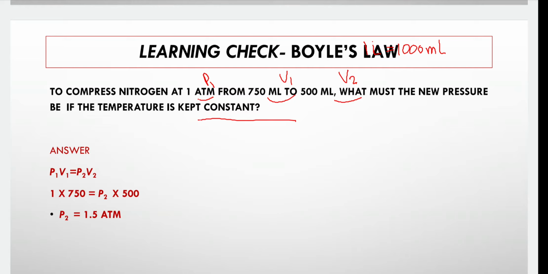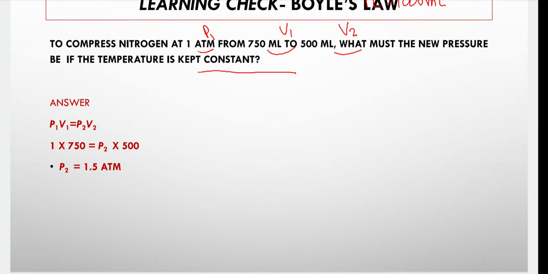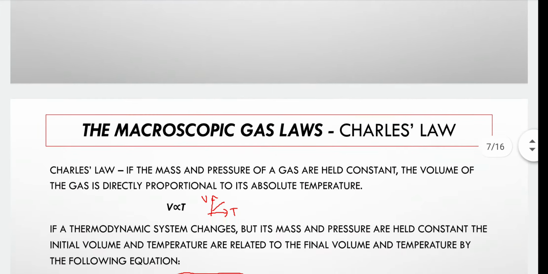So volume 2 is 500, volume 1 is 750. How can I get P2? The answer comes from the relation P1 V1 equals P2 V2. You want P2, so you get it by multiplying 1 with 750 and dividing by 500.